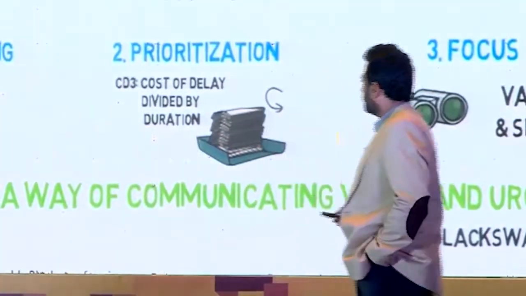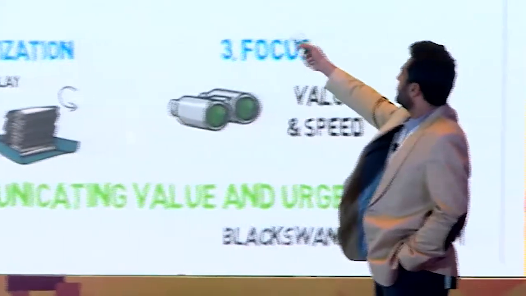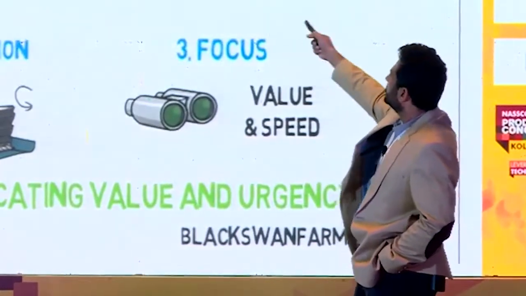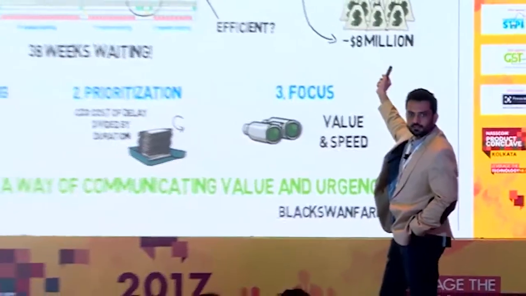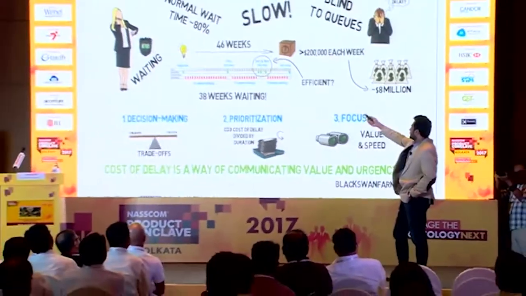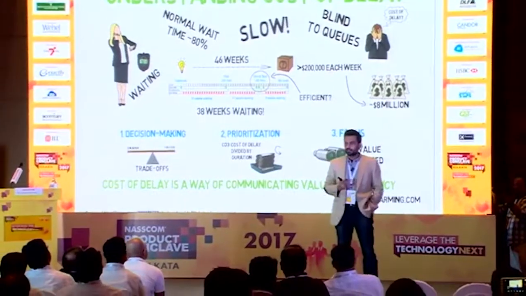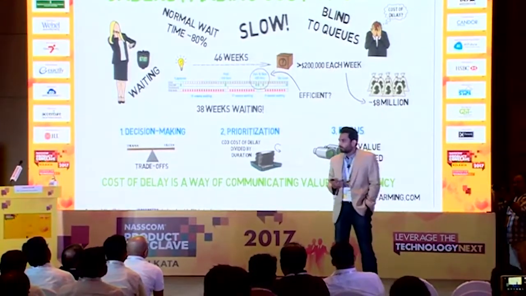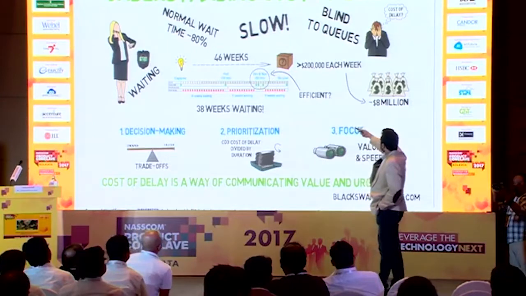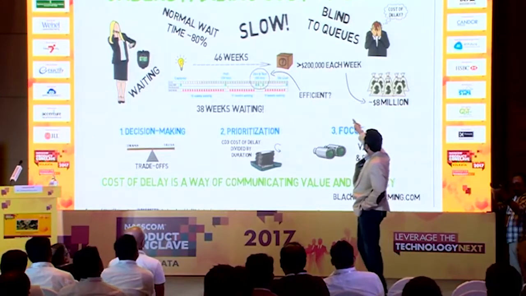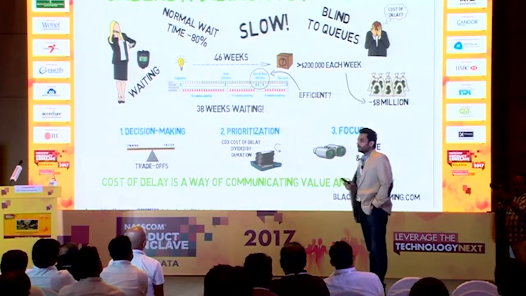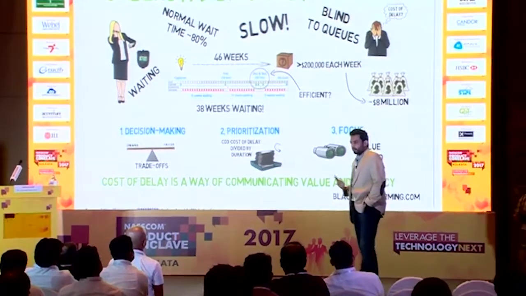Now, in this example, let us say one feature takes 46 weeks to move. And the guys who are doing the development have no idea of the cost of delay. Right? They are developing a feature. But to the business, let us say for every week it is $200,000 of opportunity cost which we are paying.